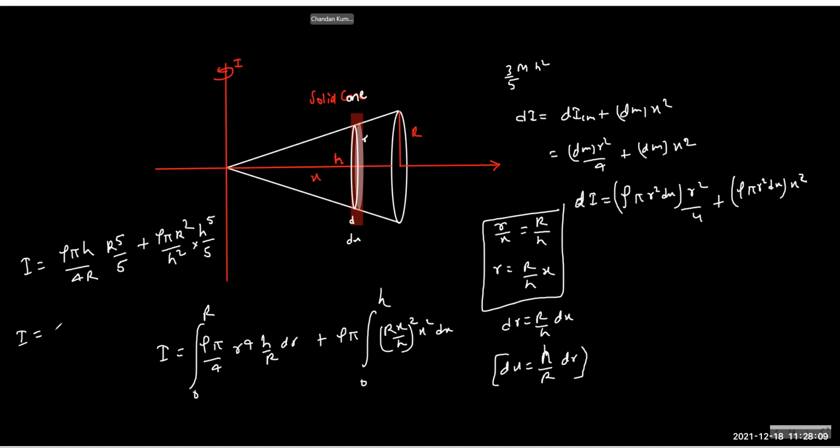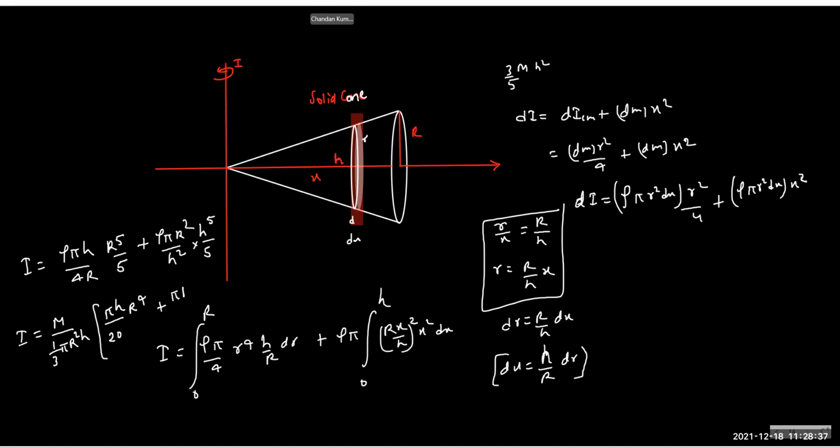And what is rho? Density is how much? M upon 1 by 3 pi r square h. So we can take rho common. Pi h by 20 r power 4.